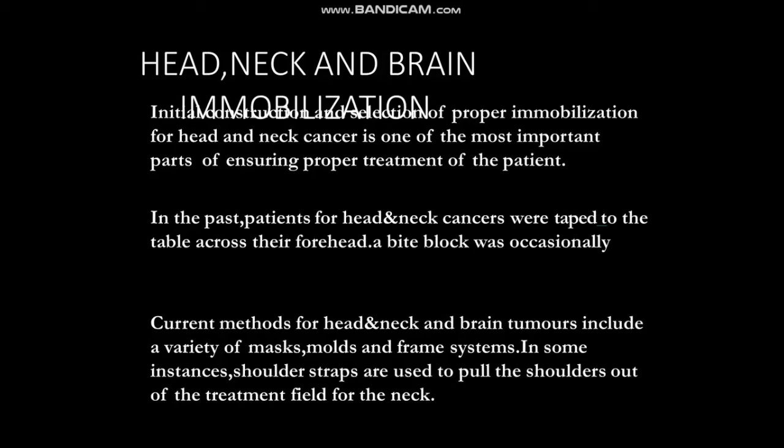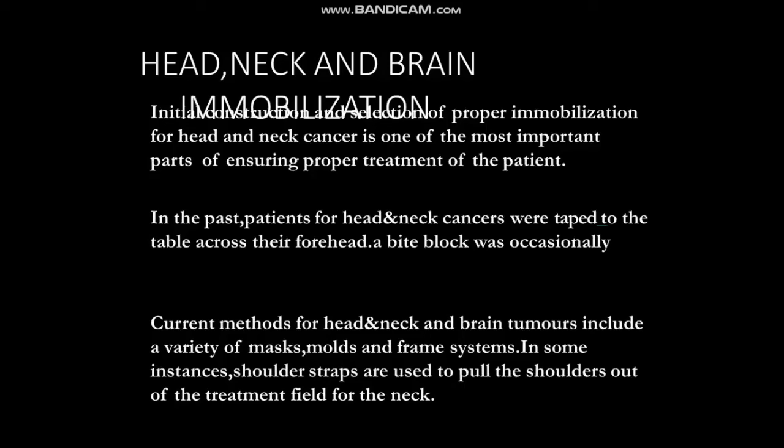Now I would like to talk about head, neck, and brain immobilization during radiotherapy. Immobilization for head and neck cancer is one of the most important parts of ensuring proper treatment of the patient. In the past, patients with head and neck cancer were taped to the table across their forehead.